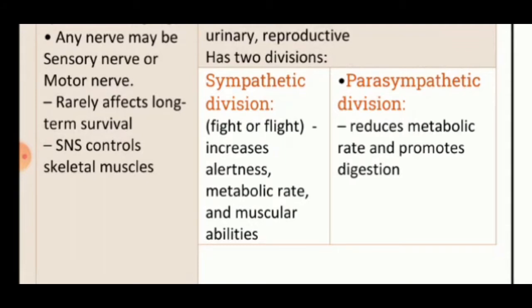I need my iris to get wider so that I have a proper vision. All these cannot be consciously controlled, and all these things are required to support my body in a stress condition, like a fight or fright.